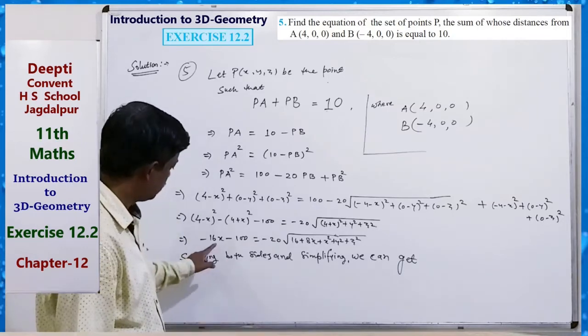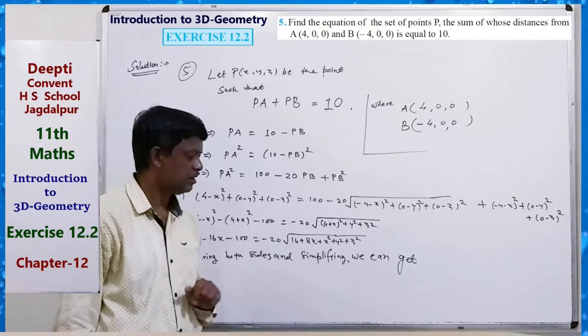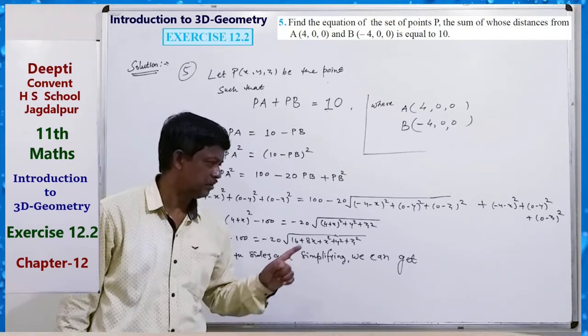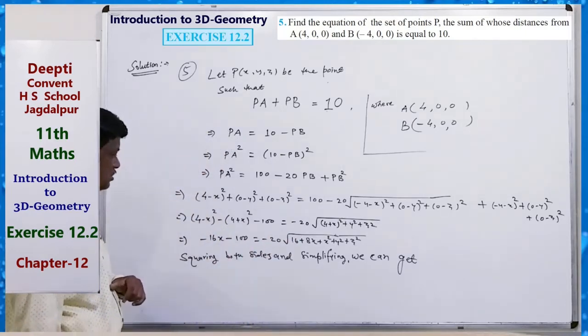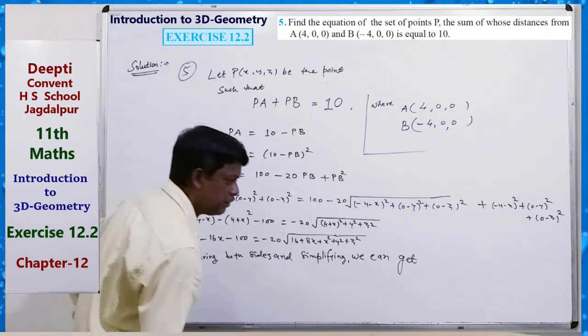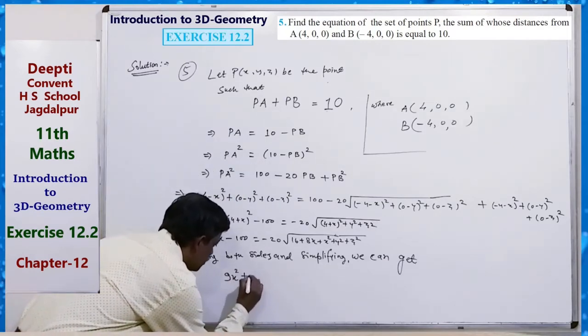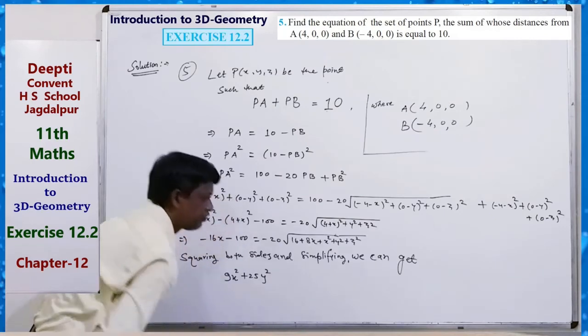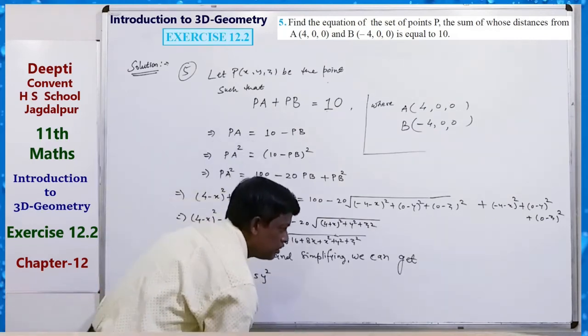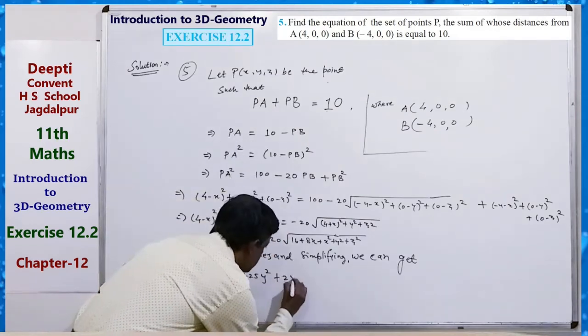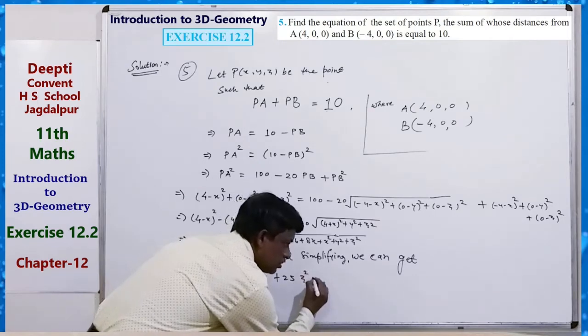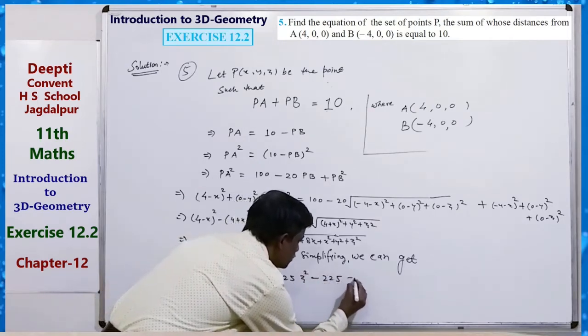Okay, we can get 9x square plus 25y square plus 25z square minus 225 equals 0.